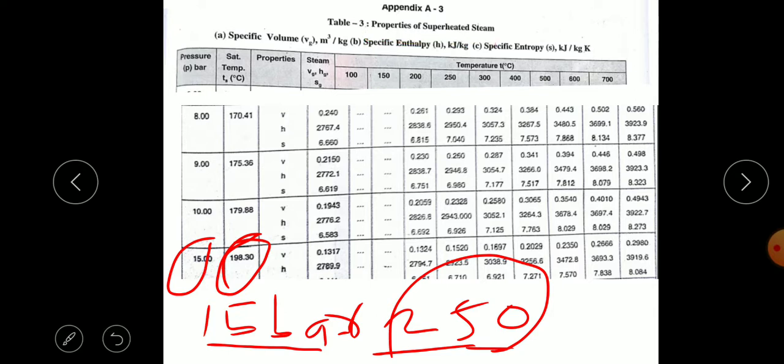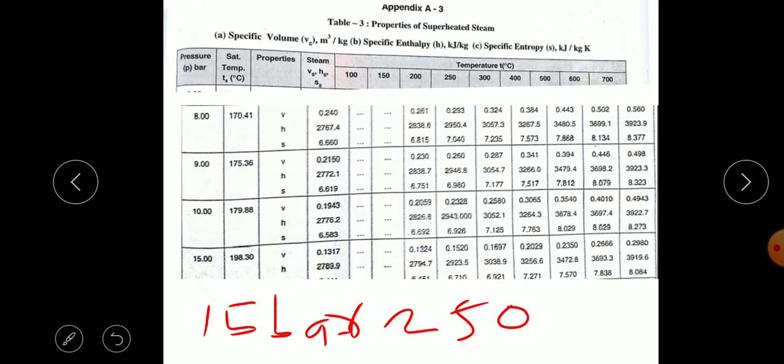We go for 15 bar, where pressure is given and temperature is given as 250. So this is the 250 column. Here we get these three values. The first value is V of 0.15, then H is 2923 and entropy is 6.7.